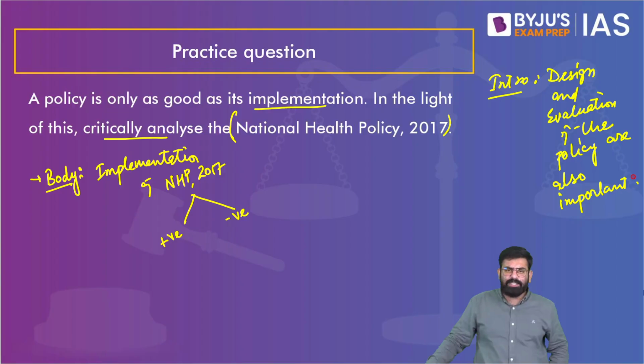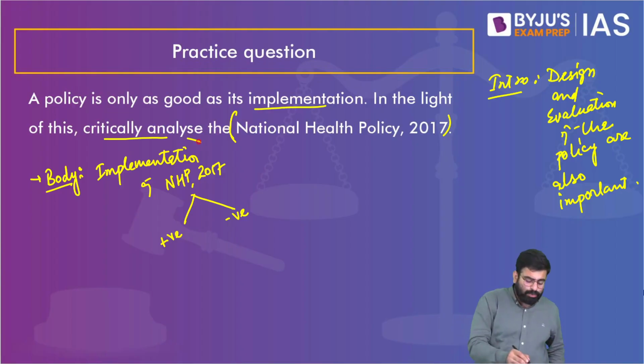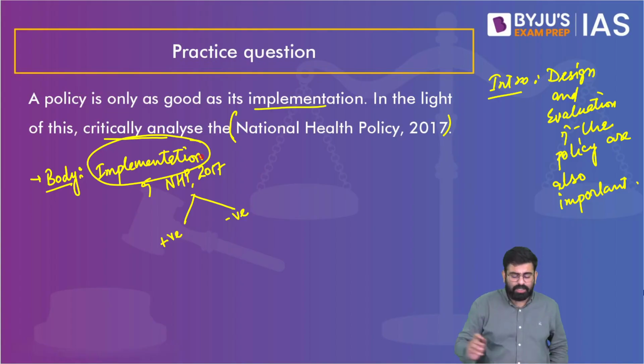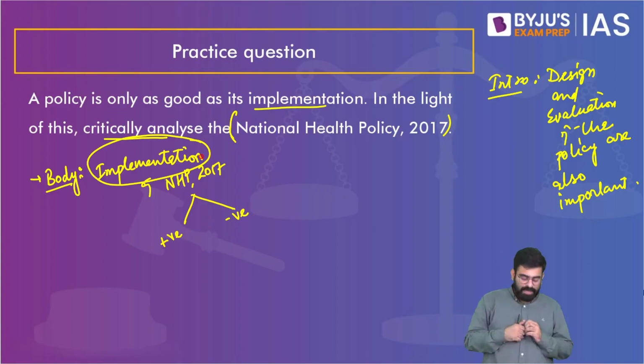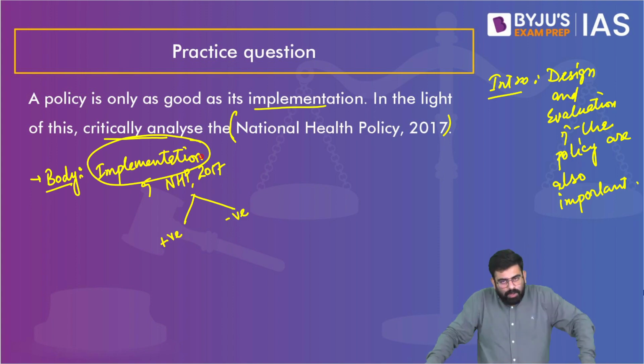Can we add challenges to the policy? Absolutely. This is basically talking about the challenges, but it has to be more biased towards implementation. We cannot dismiss the design and evaluation. So Ravi is saying that, if you remember our first discussion on health, we were saying that we talk about achieving access to quality and affordable healthcare. But we then thought of the iron triangle, and we were saying that if we change one of the factors, at least one of the other factors will get affected.